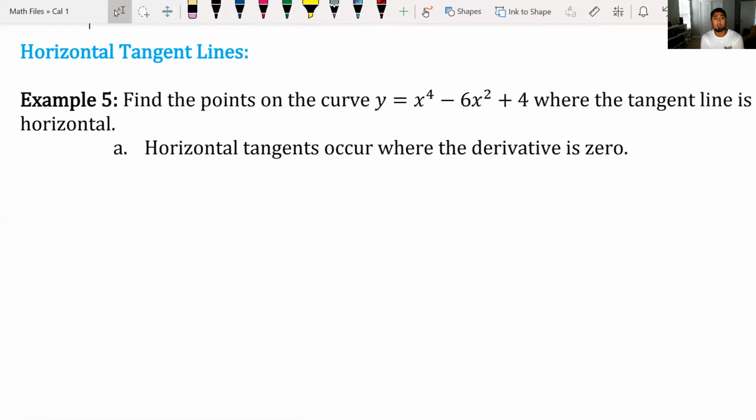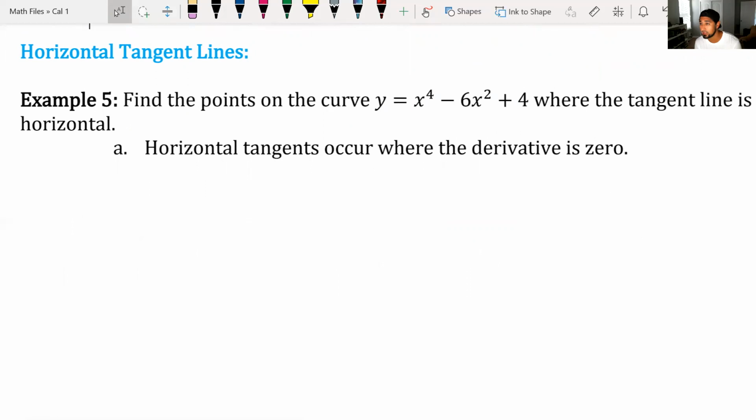All right, looking for horizontal tangent lines. Find the points on the curve y equals x to the 4th minus 6x squared plus 4, where the tangent line is horizontal. Okay, well, we saw it earlier.